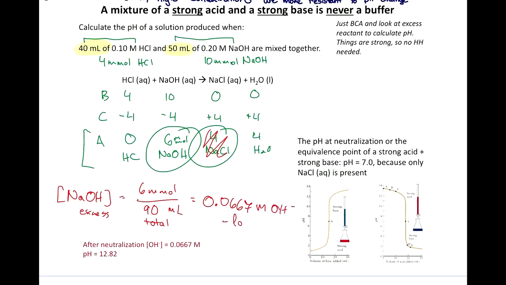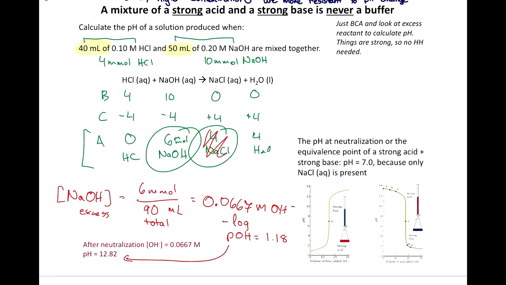Negative log that, and you get pOH. Negative log 0.0667 is 1.17. This should probably have 2 sig figs, so 2 decimals: 1.18, and so we get our pH is 12.82. All right, more hydroxide is present. This is a basic regime.